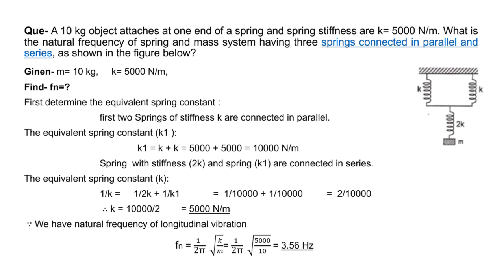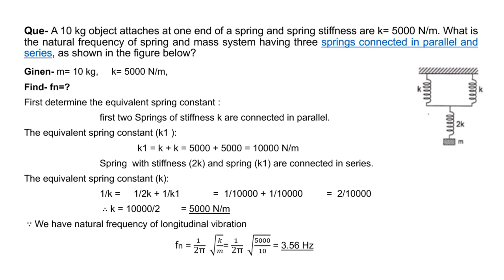First, two springs are in parallel. For parallel, the equivalent spring stiffness is the summation of the two stiffnesses, that is k plus k, because k is the same, you will get k1. Then these parallel springs are in series with 2k.